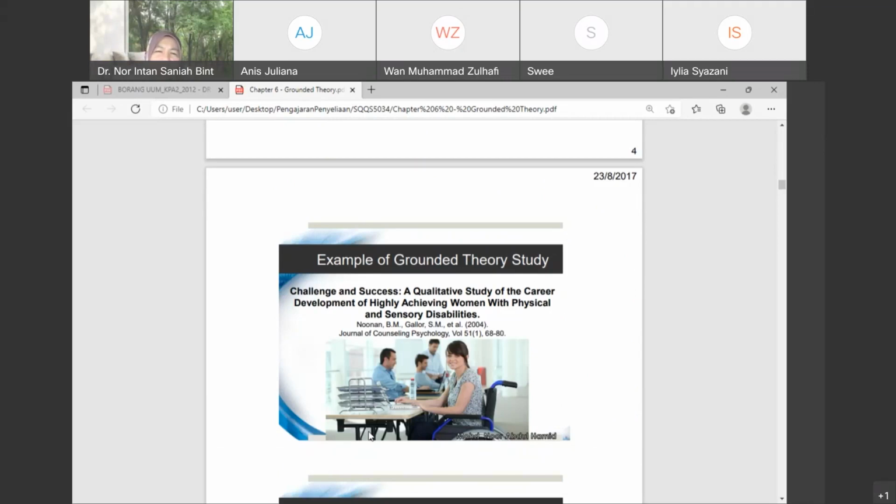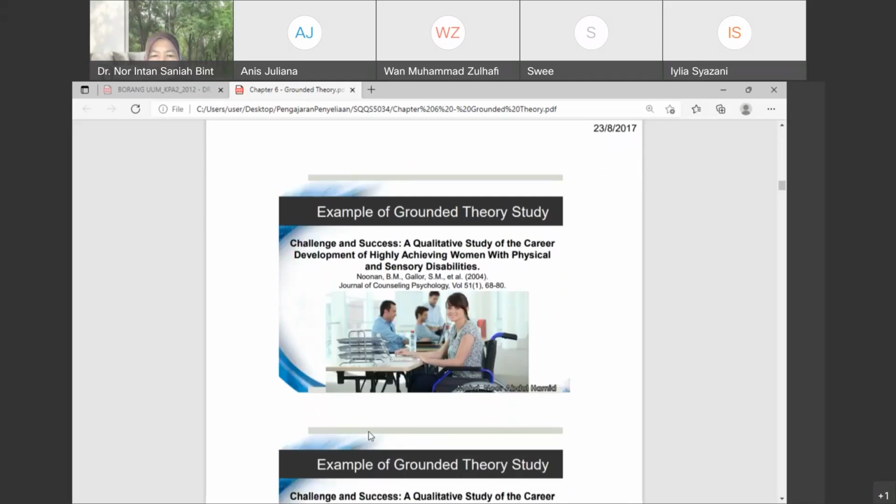They look at how the career development of highly achieving women with disabilities. Okay, so they are looking at the challenges and how this group successfully achieved their success in their career and so on. Okay, so it's quite a long way.